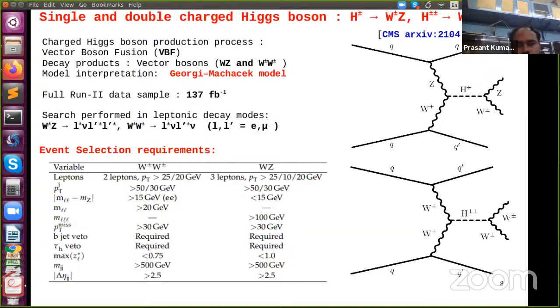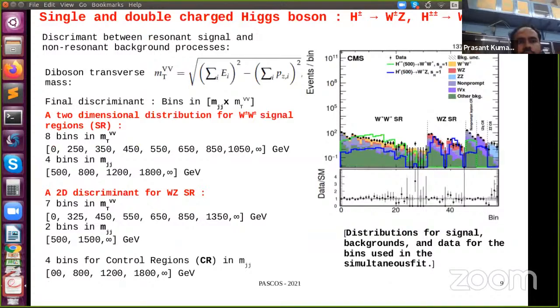Using this selection criteria, let me go to the next slide. The analysis uses a discriminant between resonant signal and non-resonant background processes. There is a diboson transverse mass, which is in this expression. The final discriminant is a 2D distribution in terms of the dilepton invariant mass and the transverse mass of the diboson.